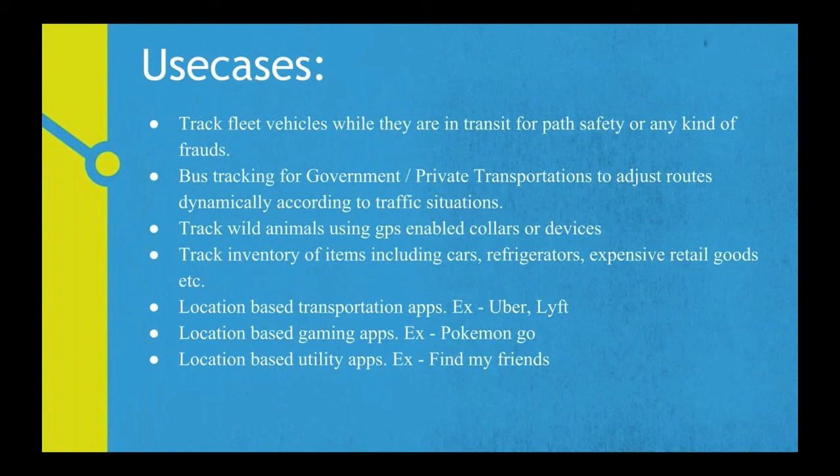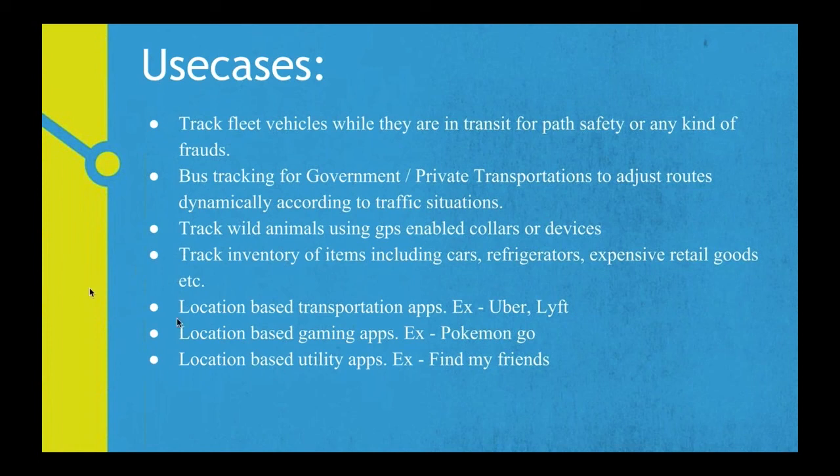There could be location-based transportation apps like Uber or Lyft, where when a person requests an Uber or Lyft, there will be a 2 kilometer radius which would span and identify all the vehicles within that radius, and a request will be sent to those Uber drivers, and depending on whether he accepts or not, a driver will be allocated for you.